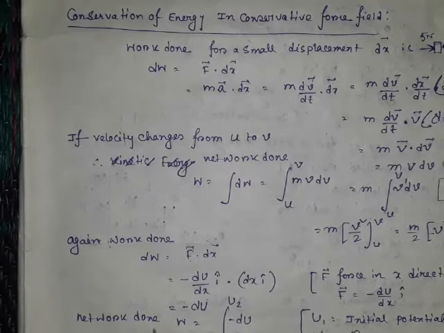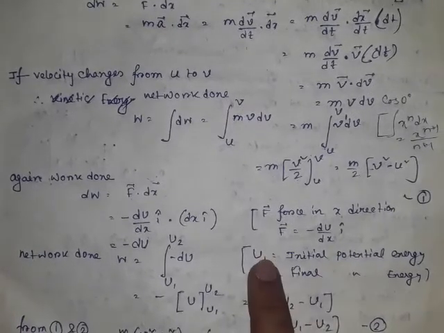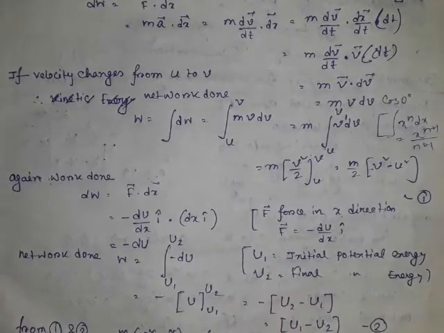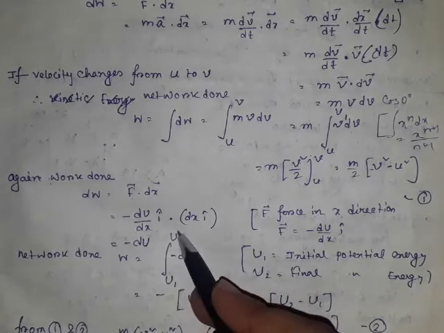So net work done will be the integration from U1 to U2, because let U1 be your initial potential energy. That means you had some amount of potential energy, U1, and after application of force the potential energy has changed and becomes U2. So integration will be performed from U1 to U2.